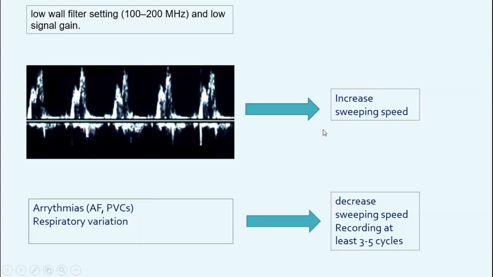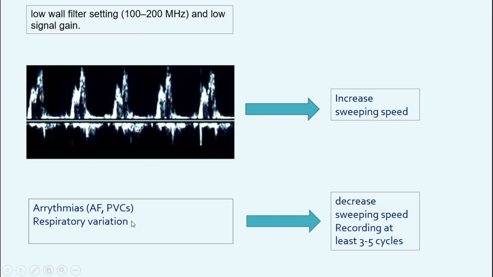In those cases where the heart rate is very high and waves fuse together and we don't have a very clear border between them and detail is not clear, we have to increase the sweep speed to 50, even 100.